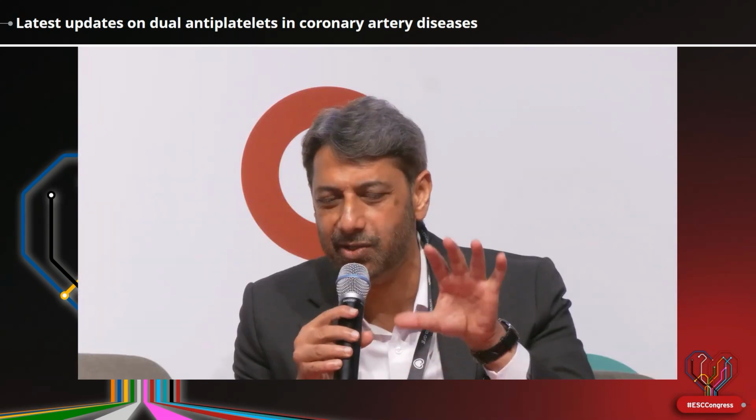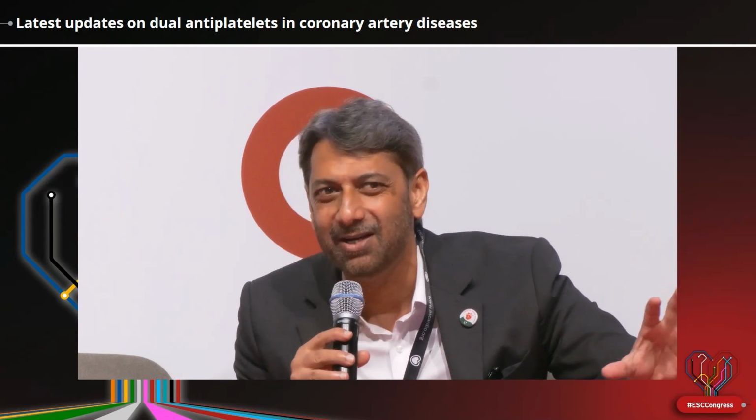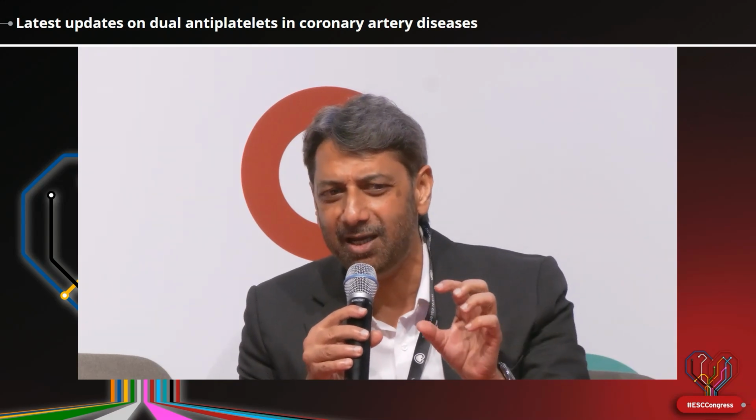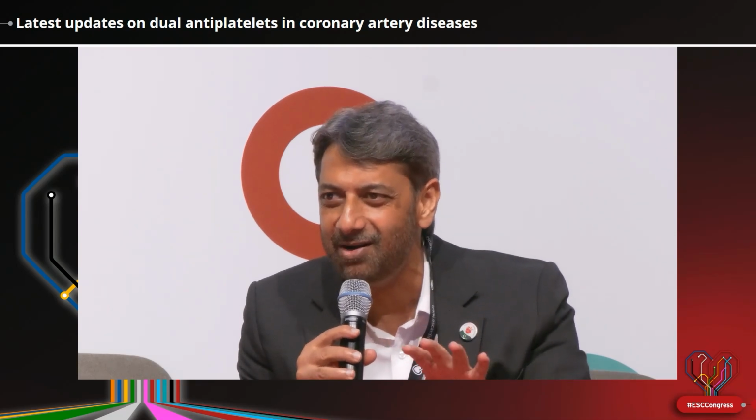The guideline recommends prasugrel only in a situation where you're going for PCI, you have seen the anatomy, and you're doing PCI. You can't give it in a probable kind of situation where you're dealing with ACS. So it can be given only in those centers where immediate PCI facilities are available.